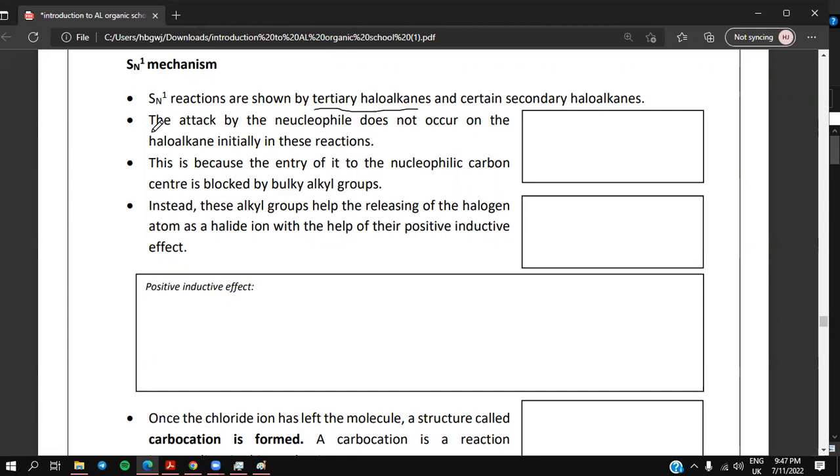And then the attack by the nucleophile does not occur on the halogenoalkane initially in these reactions. I think it's better if we discuss this reaction mechanism first separately and then come to this description, otherwise we will not understand much of it.